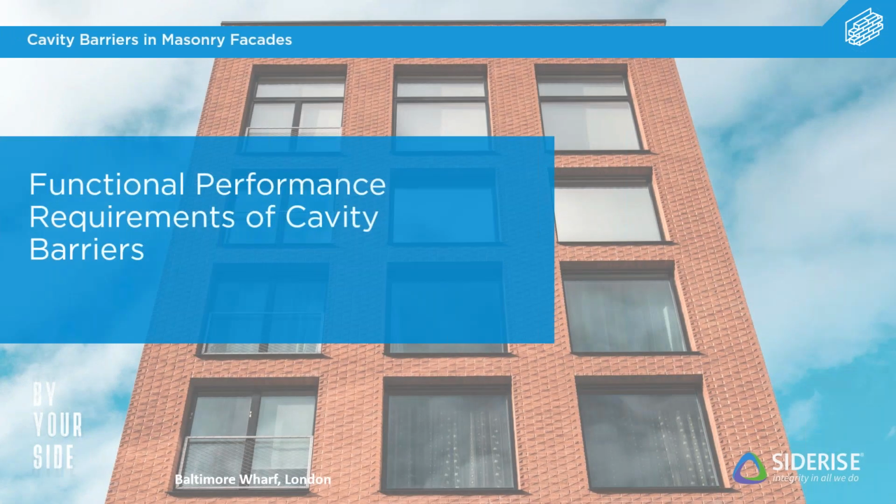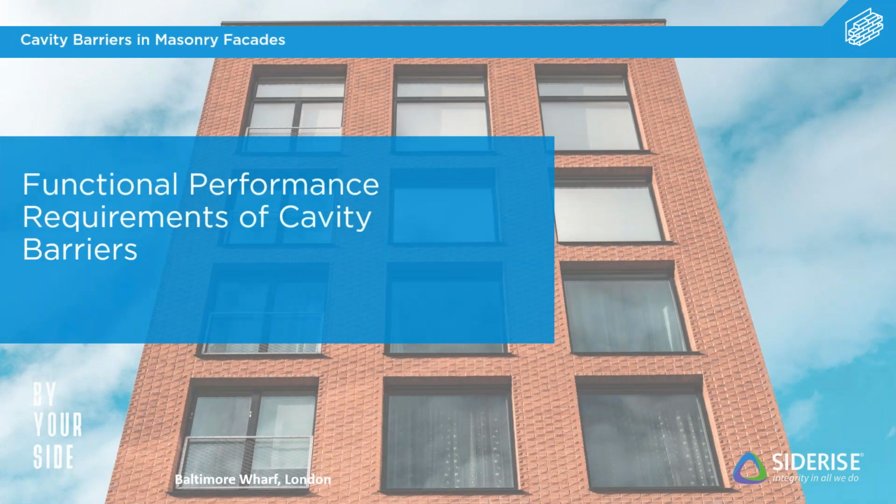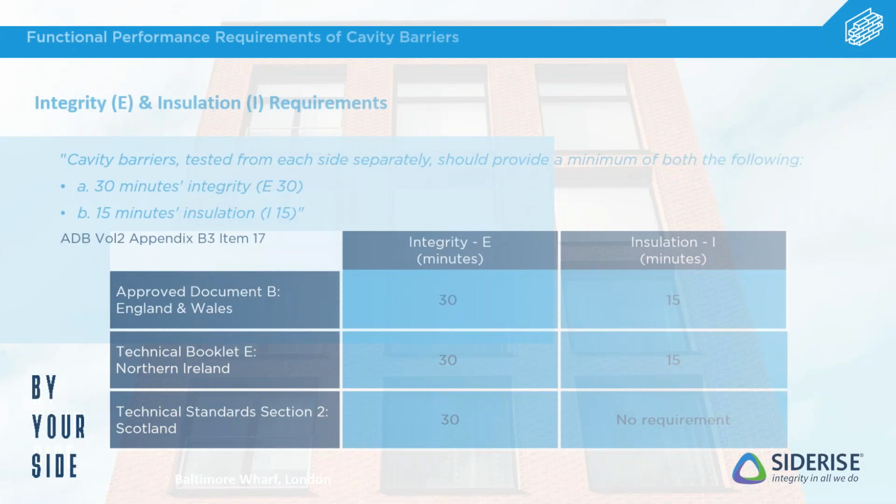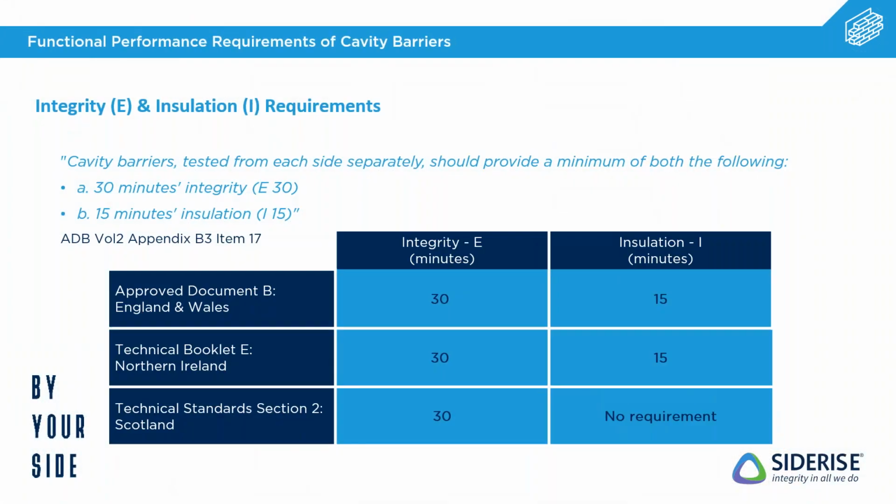So now looking at a few of the more specific performance requirements. Firstly, the regulatory guidance documents set out the actual time requirements for cavity barriers specifically. So again, as I say, this is where they differ from fire stops, which need to meet the compartment line ratings.